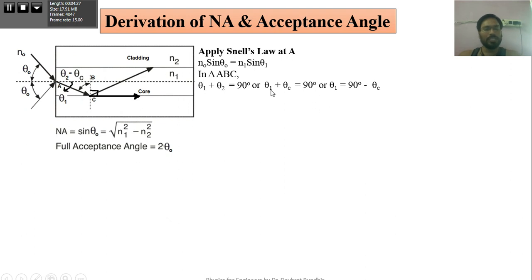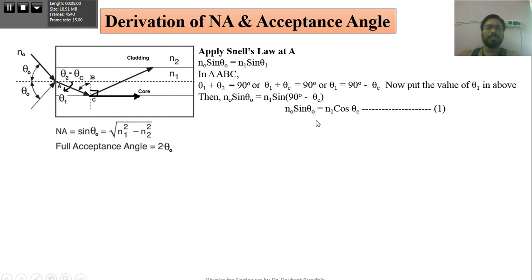If I assume this, then I can put theta C in place of theta 2. So theta 1 becomes 90 minus theta C, simple mathematics. Now put this value in the equation above: we replace the value of theta 1 in this equation. So this side will remain the same, n1 sin(90 minus theta C).